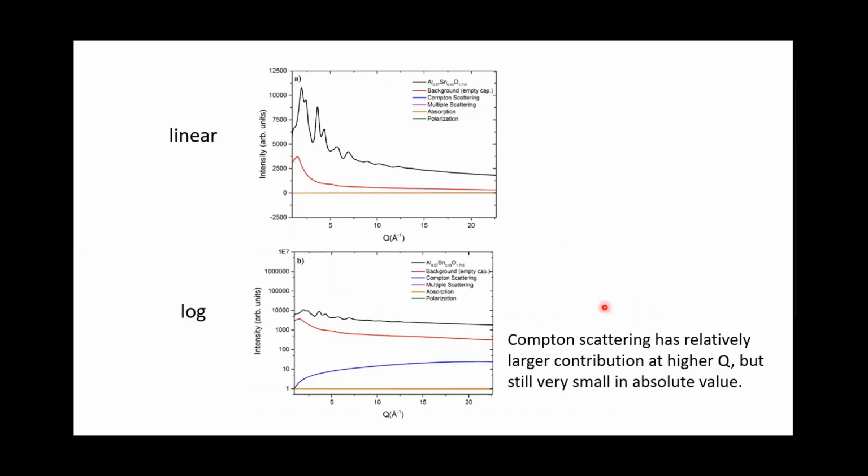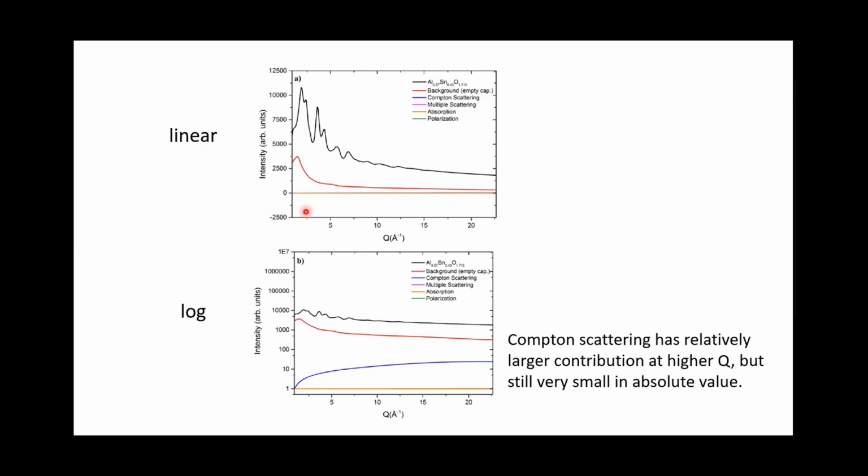And this one is showing some other contributions for us to get an idea what kind of background we're dealing with. This example is aluminum tin oxide. So this is a measured background, and you see how much absorption and polarization and multiple scattering are contributing. Actually, they are contributing at a very low level.